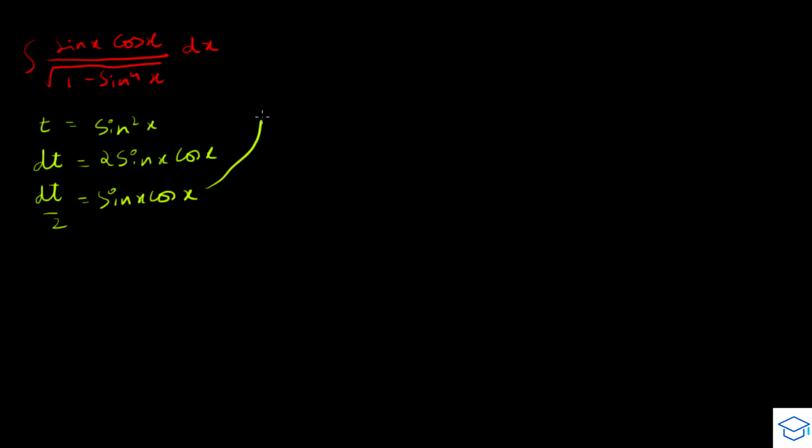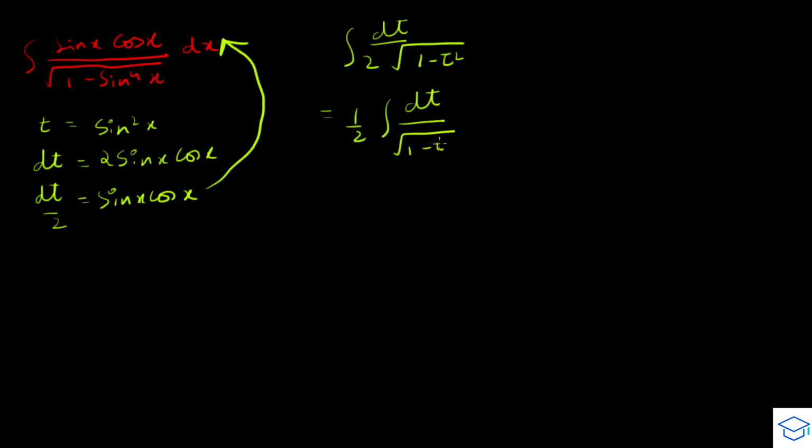So let me put this value over here. So I will get dt by 2 root of 1 minus t square. So simplifying further, I will get dt by root of 1 minus t square, with a factor of 1 by 2.